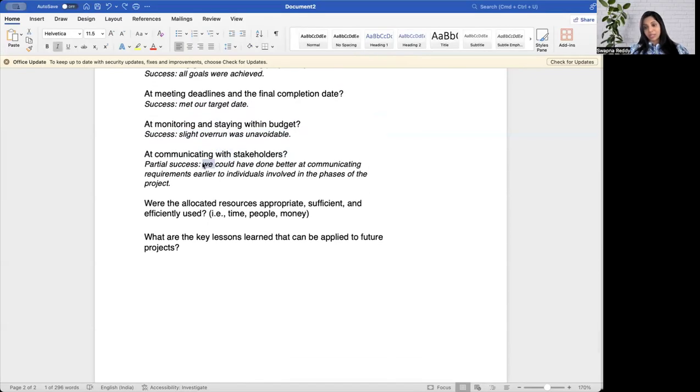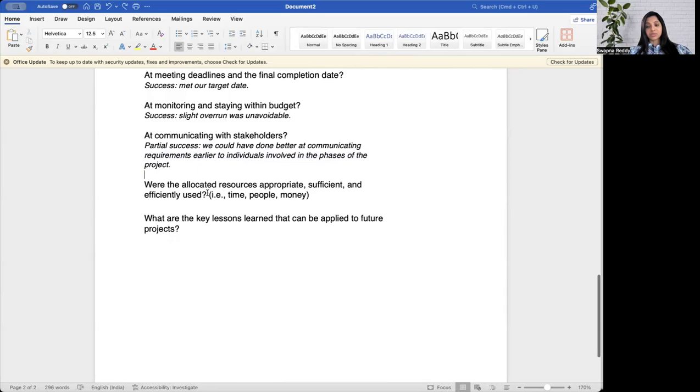We could have done better at communicating because not all stakeholders had clarity at every stage in terms of a switch in plans, scope creep, or the budget of the resources that we had thought could be sufficient initially is not sufficient anymore. Those readjustments had to be done, but it was not communicated, right? You have to make sure this over communication is okay, but you need to do your best.